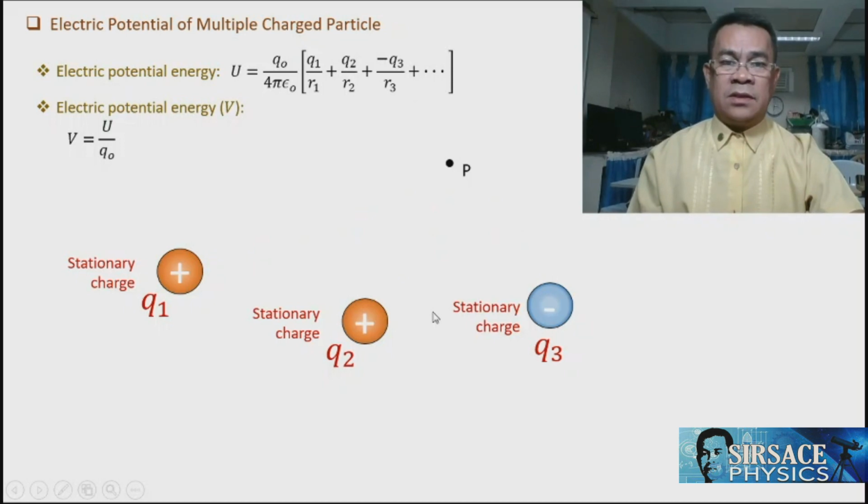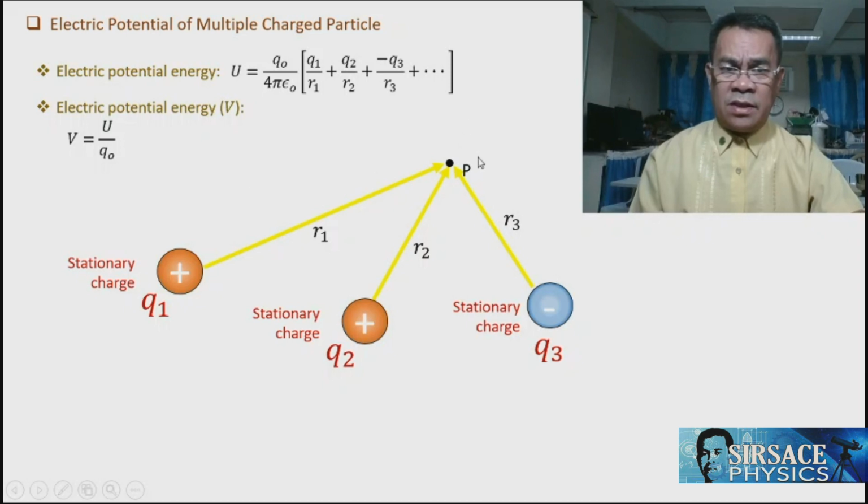Look at this one. Suppose we have the surrounding charges and you are asked how much is the electric potential at that point. All you need to do is look at the formula. A while ago, this is R1, R2, R3. So all you need to do is 1 over 4 pi permittivity, times Q1 over R1, Q2 over R2, Q3 over R3.